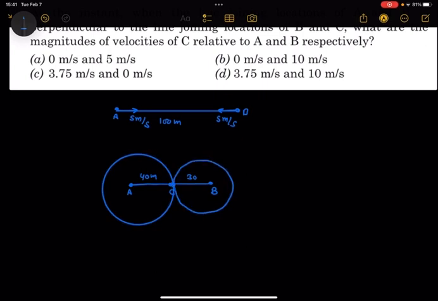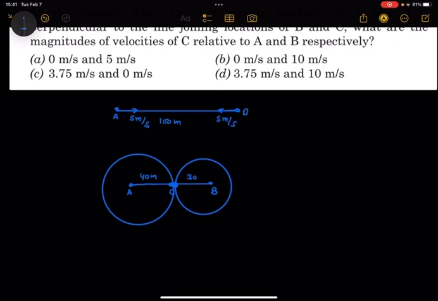So if you can see, C is here, A is at 40 meter distance and B is at 30 meter distance. So there is only one possibility: if C is rotating in this way along different circles, then we can say that this condition can hold.